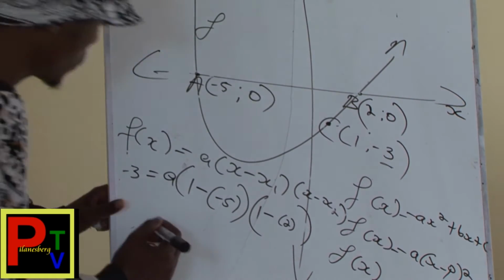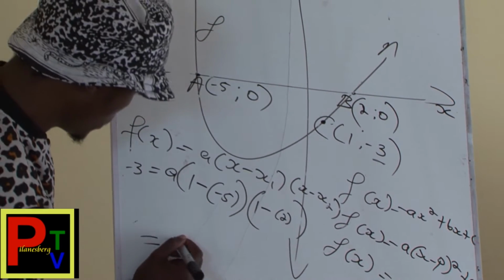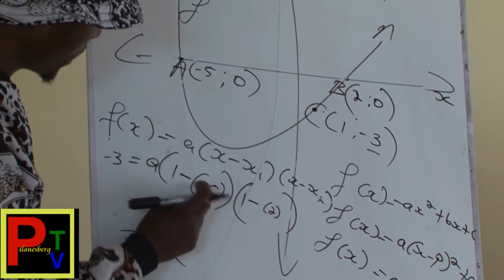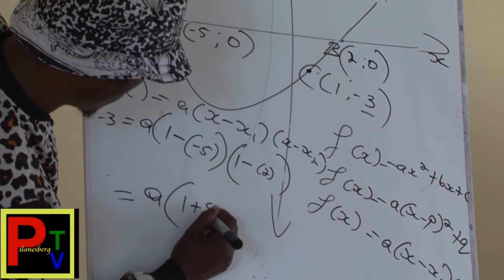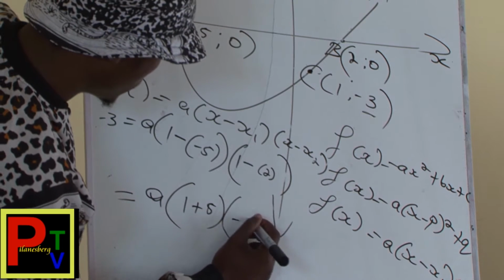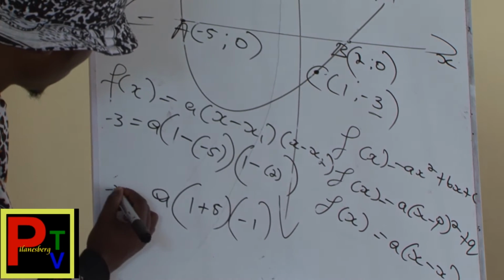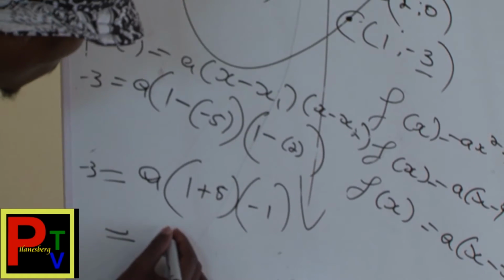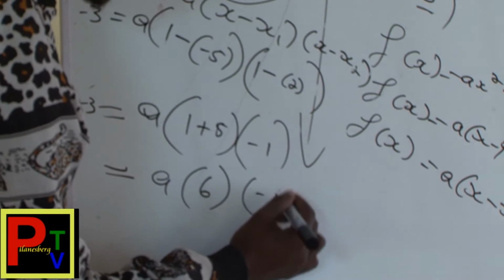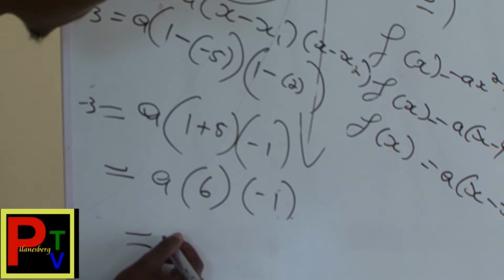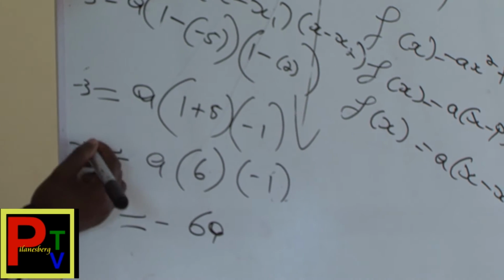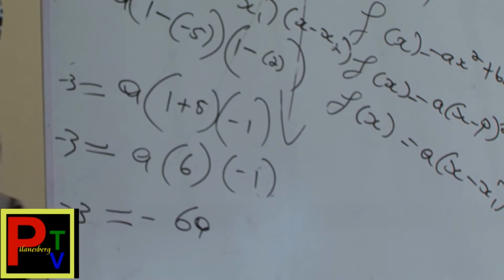Therefore, we break the brackets. 1 minus negative gives us positive, plus 5. 1 minus 2, that is negative 1. Then this is negative 3 here.